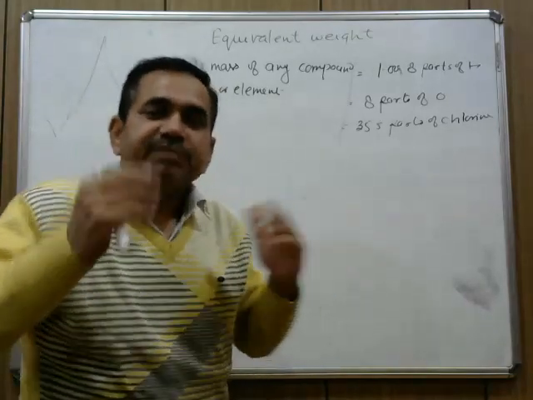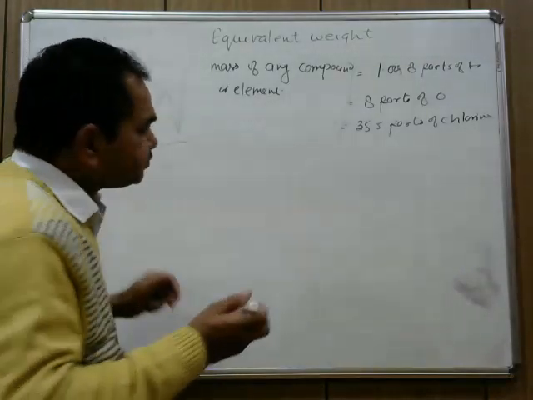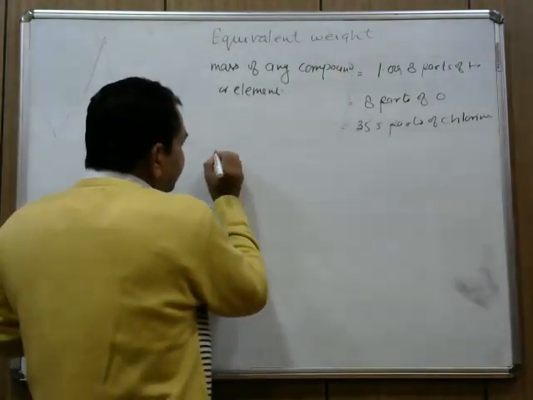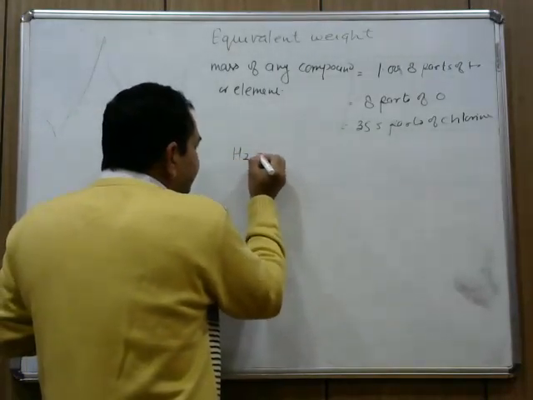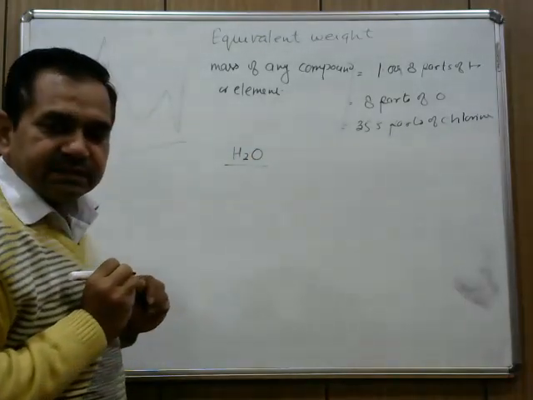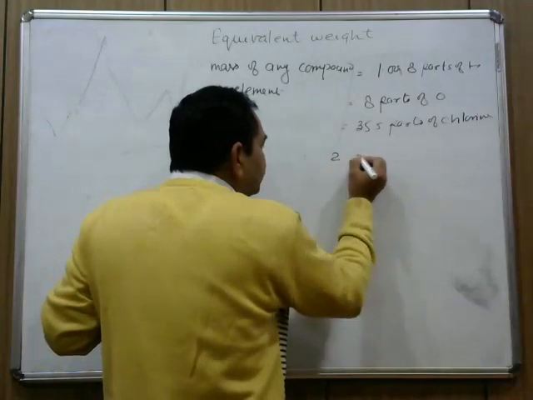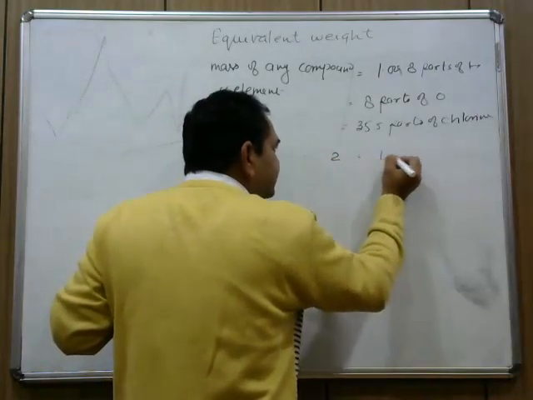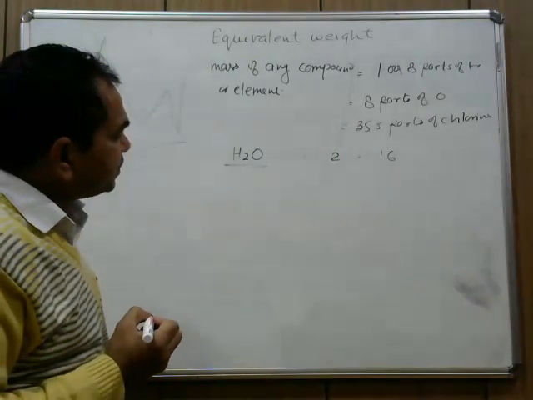Let's make it more simple. Say for example, when hydrogen and oxygen combine to form water, this is the formula H2O, where 2 grams of hydrogen reacts with 16 grams of oxygen.